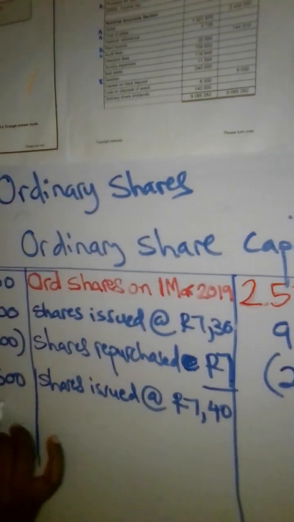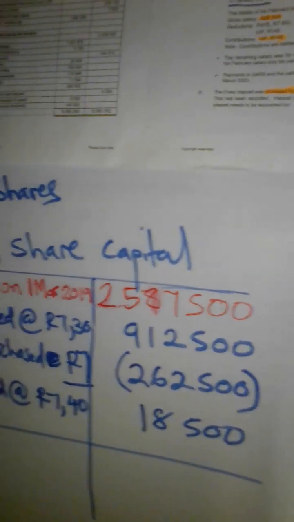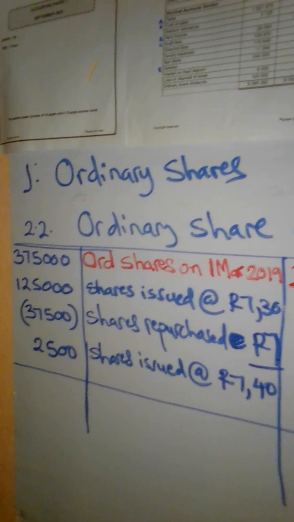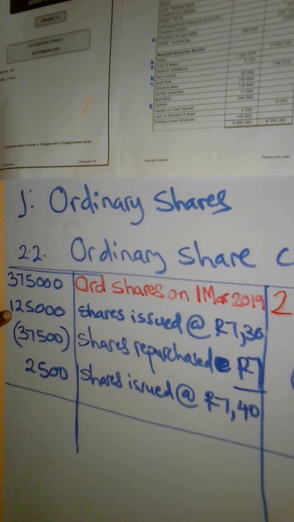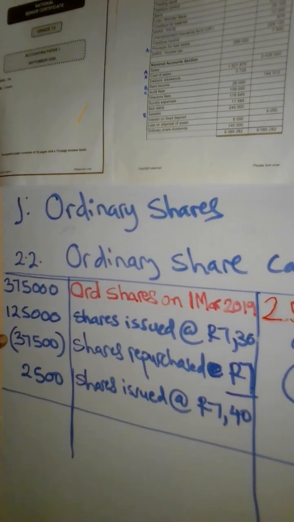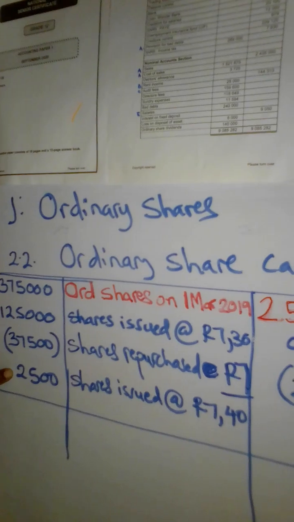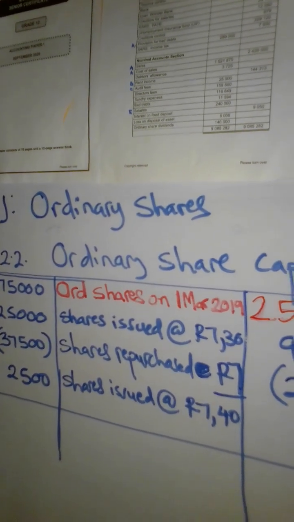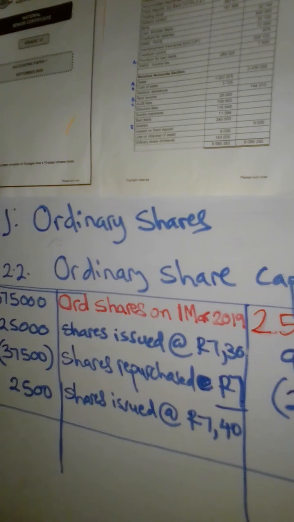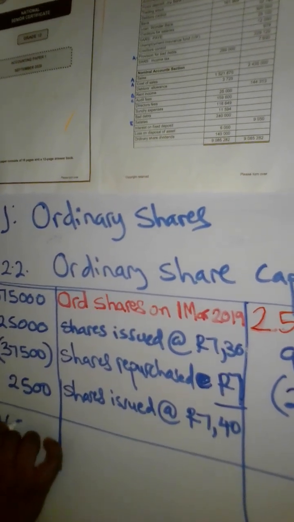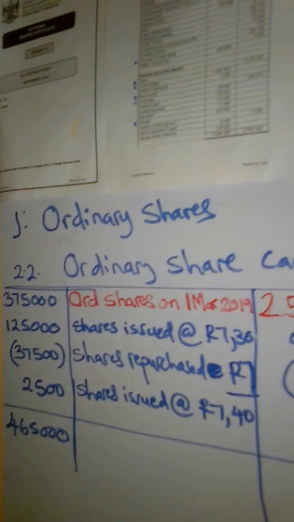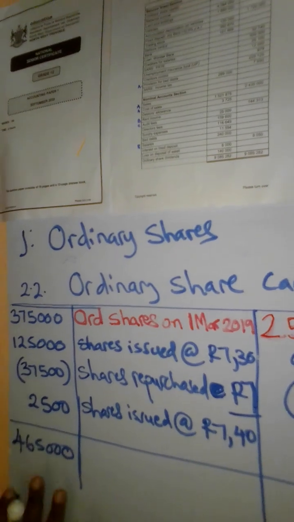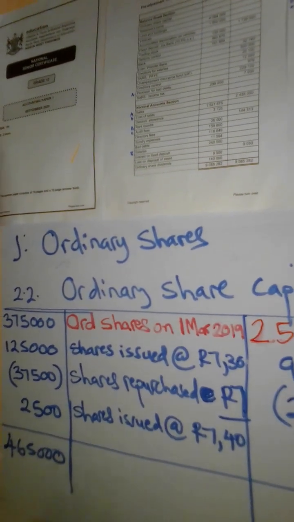So the last thing that we are supposed to do now is to find out at the end how many shares do we have and how much is the amount at the end of the year. On this side, if we say 375 plus 125 minus 37,500 plus 2,500, we check with our calculators, it becomes 465,000. 465,000 is the number of shares that we have at the end of the financial year.